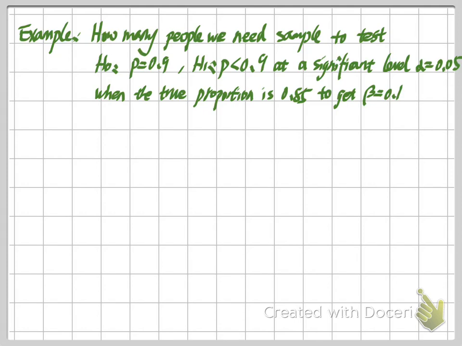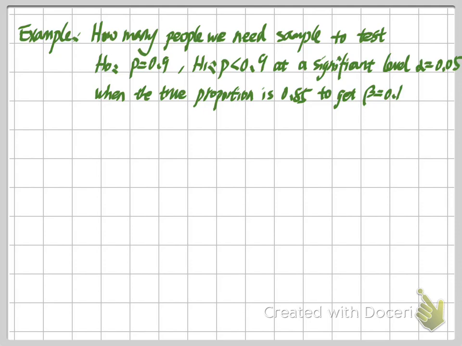For a hypothesis, H0 is p equal 0.9, and H1 is p smaller than 0.9. For the given significance level alpha, or in other words, the probability of type 1 error, is 0.05. And here, the true value of our proportion is 0.85, and the accepted probability of type 2 error beta is equal to 0.1.